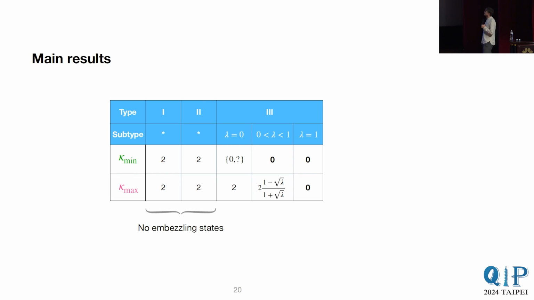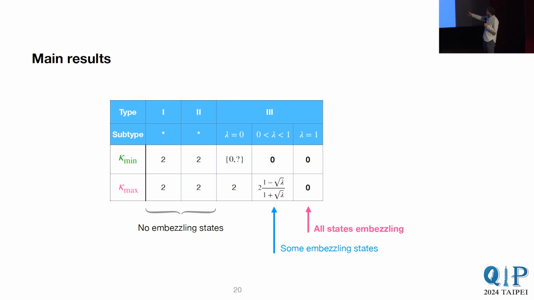Now if you turn to type 3, however, say here type 3 lambda between 0 and 1, then we find that kappa min is 0. And kappa min being 0 means that we can induce state transitions between any finite dimensional states. So we have an embezzling state here. And in fact, if you look at type 3_1, we find that kappa max is also 0, so all states are embezzling.